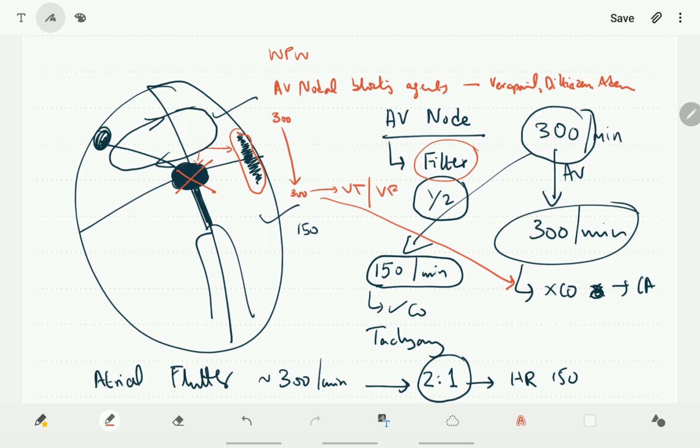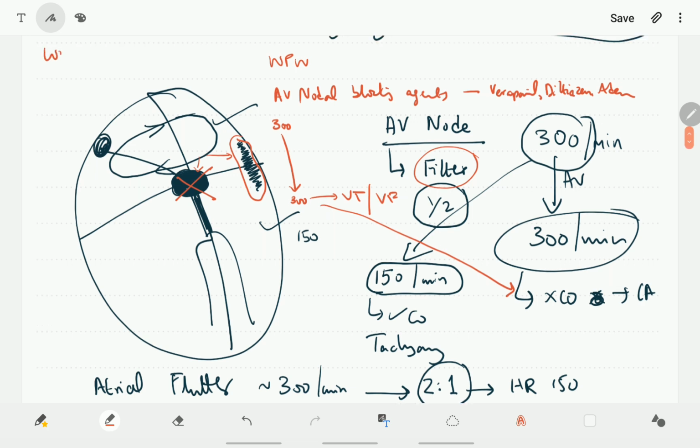So this is very important: patients with Wolff-Parkinson-White syndrome who have atrial fibrillation or atrial flutter should not be given AV nodal blocking agents, because giving them these agents can convert these rhythms into VT, VF.